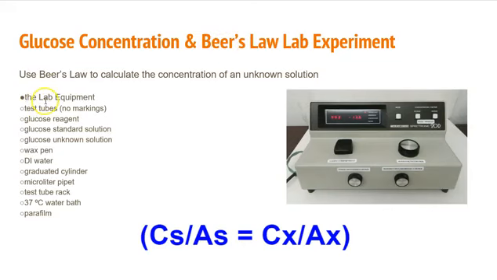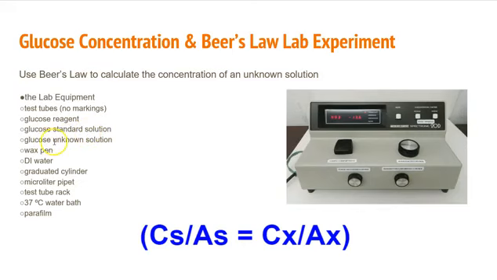In this experiment, we need test tubes, glucose reagent. The glucose reagent we need to confirm the presence of glucose in our unknown solution before proceeding with absorbance measurement. We need glucose standard solution.